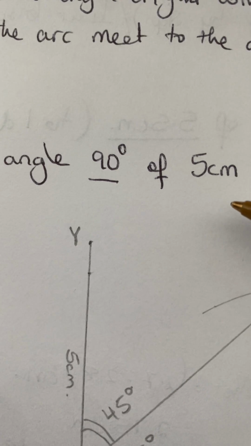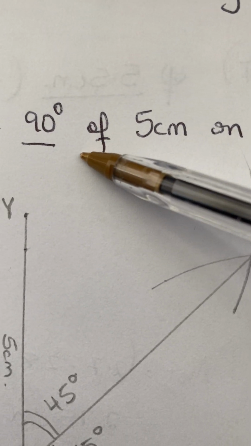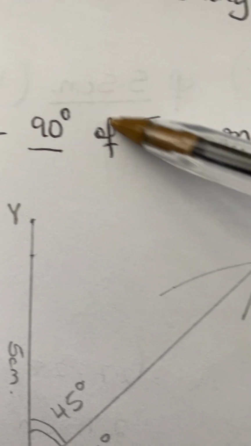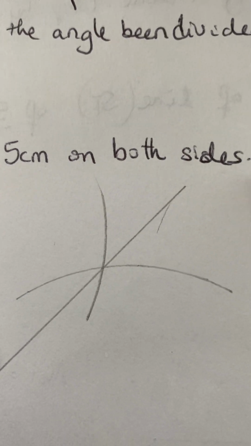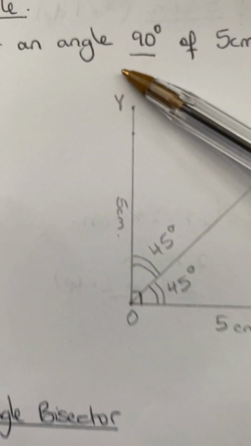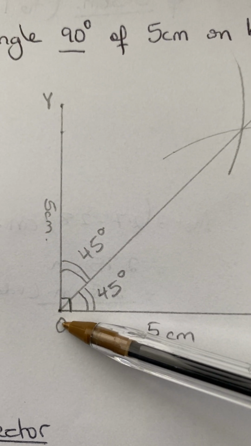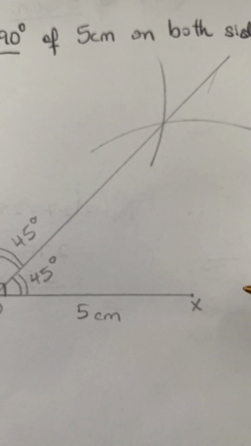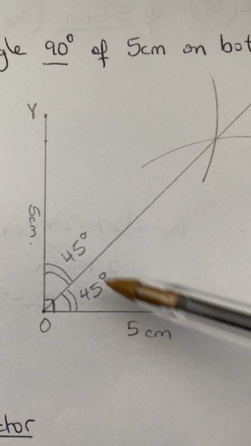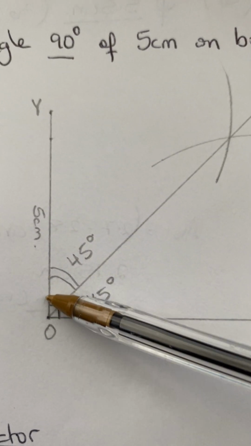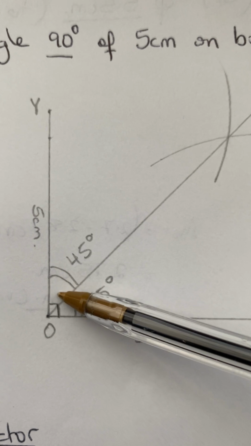Okay? So example, bisect an angle of 90 degrees. This is a right angle of 5 centimeters on both sides. So here they've given you the length of OY and OX is 5 centimeters, and then this is 90 degrees.